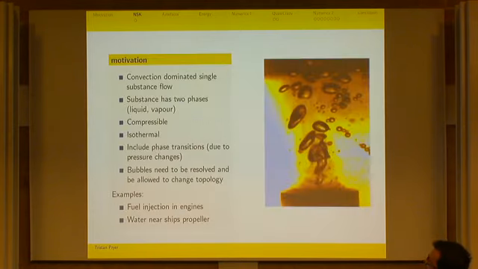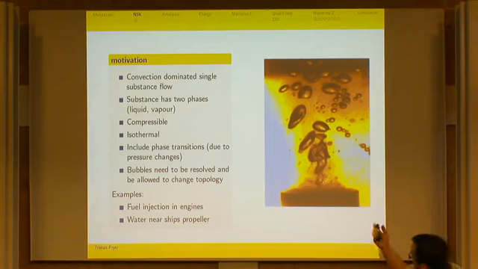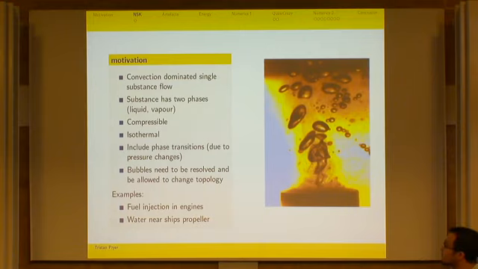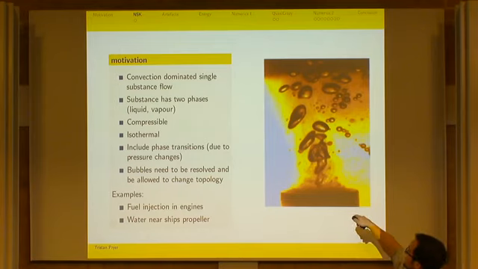So I'm going to tell you a little bit about the Navier-Stokes-Korteweg system. What I'm interested in is a convection-dominated flow, single substance, but that may have two phases. For example, if you look here, you have liquid and vapor phases.